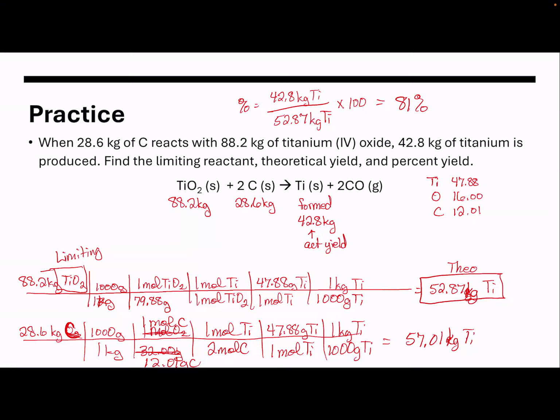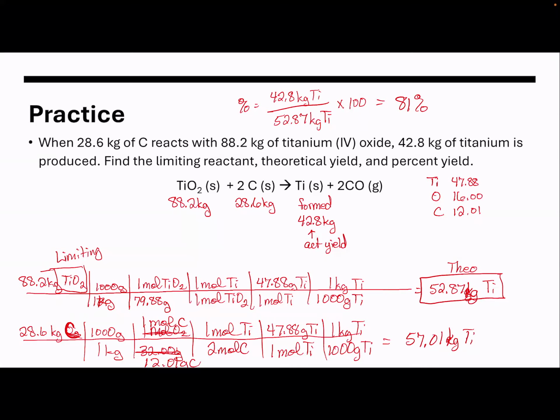I then used the mole to mole ratio from the balanced chemical equation. There's 1 mole of titanium oxide for every 1 mole of titanium. I then used the molar mass of titanium to get that into grams of titanium and ultimately into kilograms of titanium to be 52.87 kilograms of titanium.